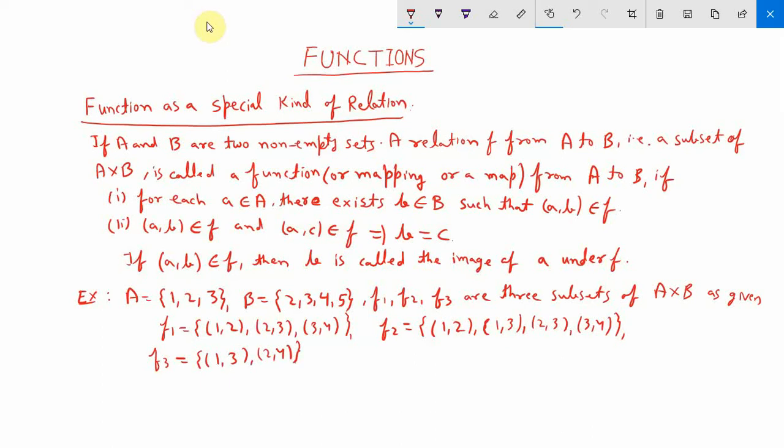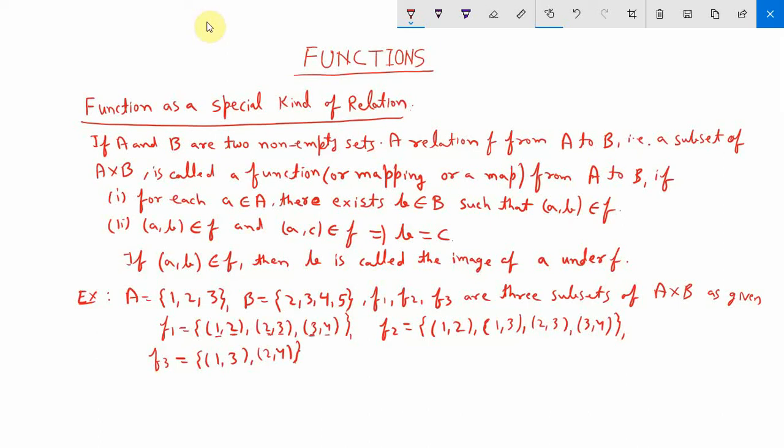If we see the first elements, for each first element there is an element in set B. 1 has element 2, 2 has an image 3, and 3 has an image 4.